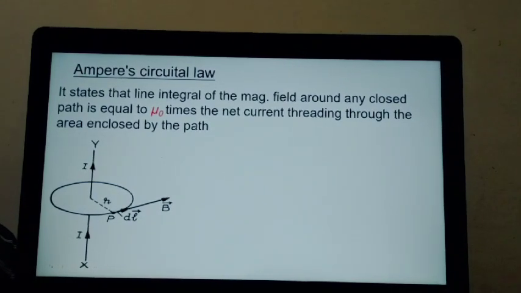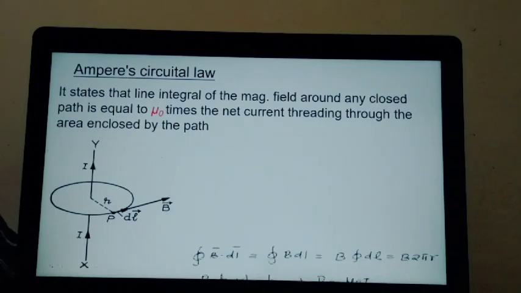Ampere's circuital law says that the line integral of B dot dl is equal to mu 0 times the current threading through the area enclosed by the path. When you consider the area enclosed by the path, only the current I is passing through.